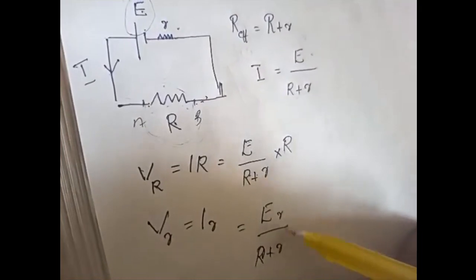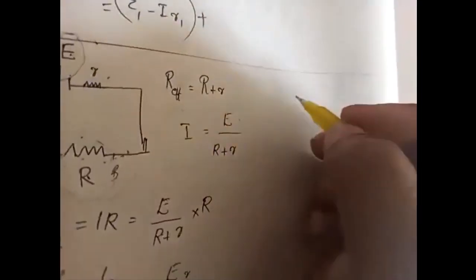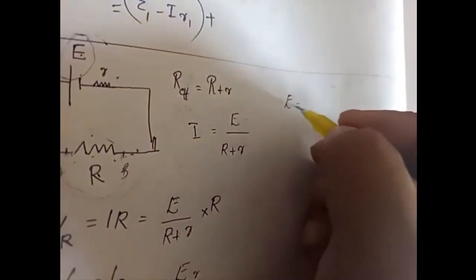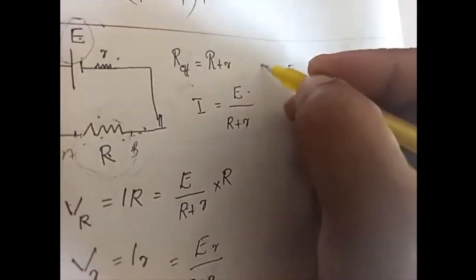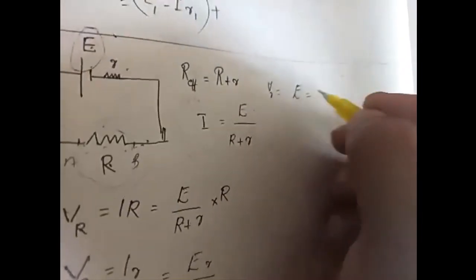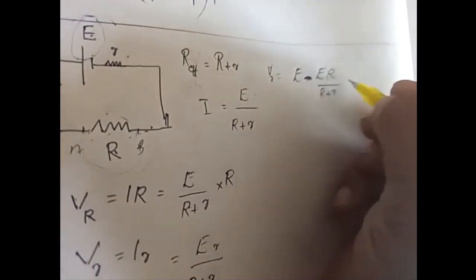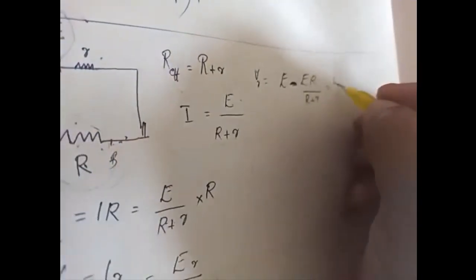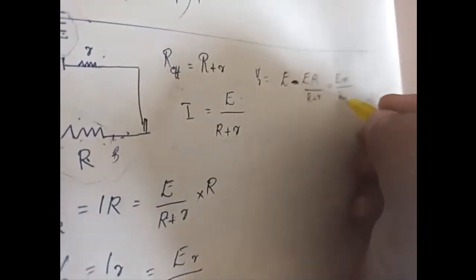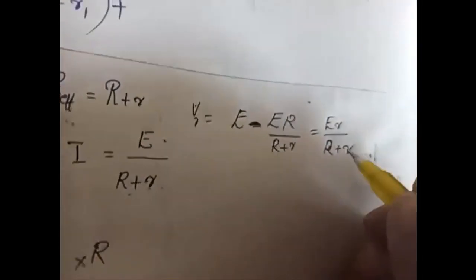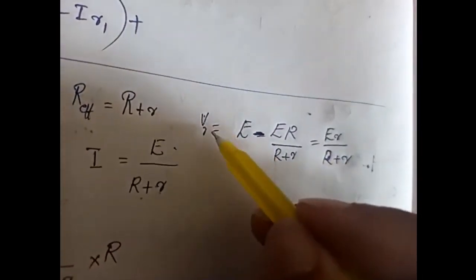That is E minus E R by R plus r, which also gives E r by R plus r. That is V of small r.